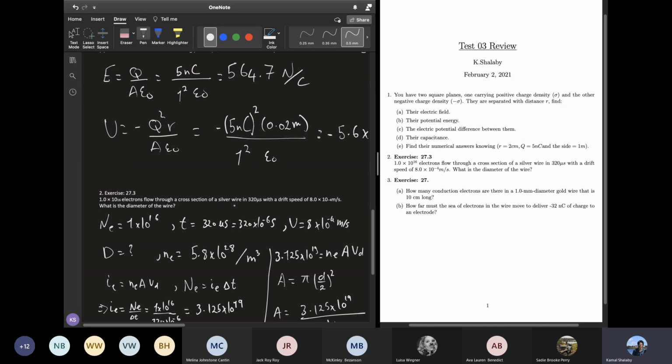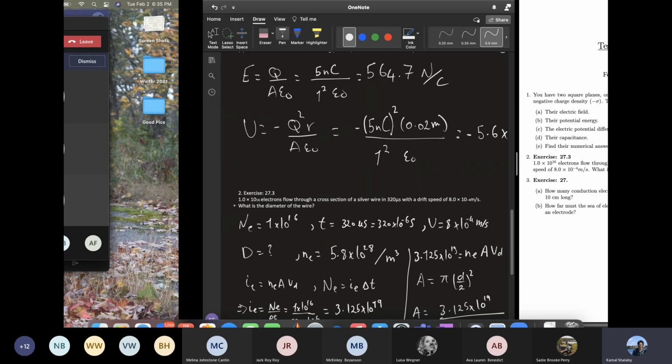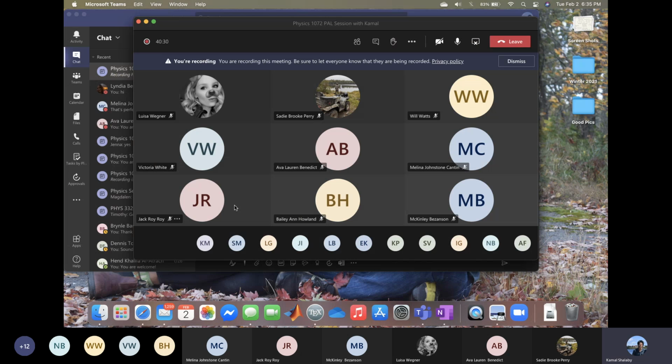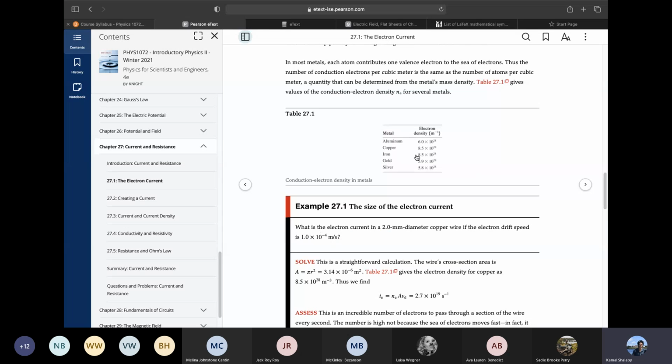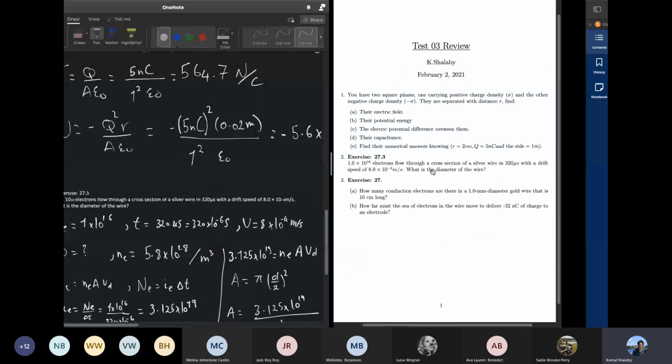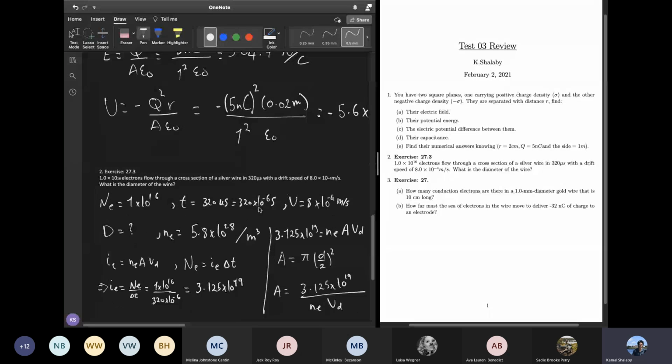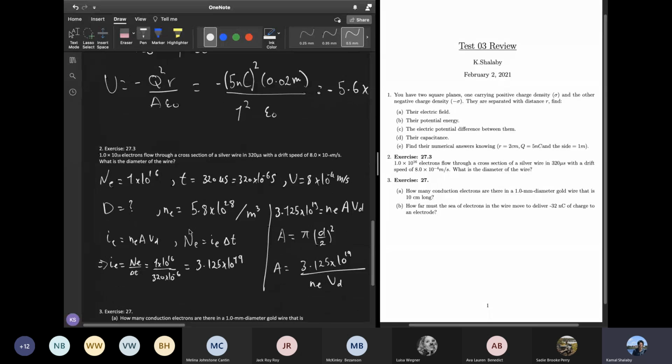Then we know it's a silver wire, so we can find the density of electrons in it, which is what I did when I looked in the table. Silver is 5.8 10 to the power of 28 electrons per meter cubed. Then, using the equations, I found that in general the electron current is equal to the density multiplied by the area multiplied by the drift speed.